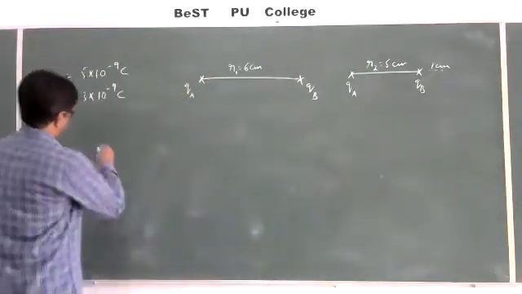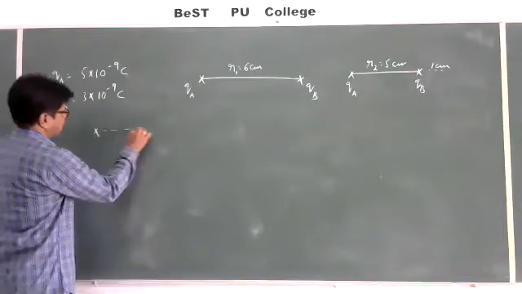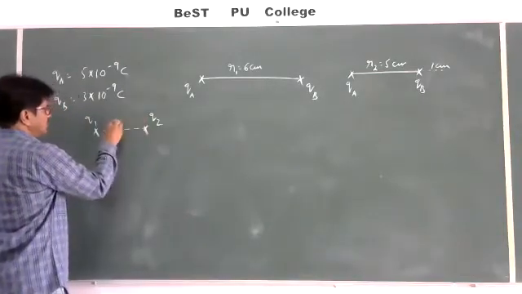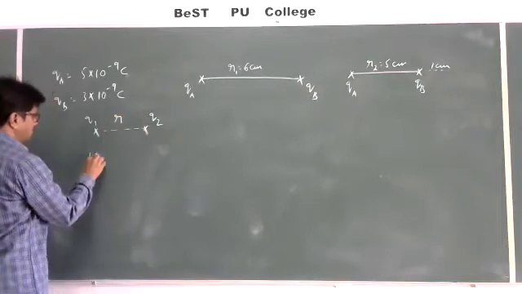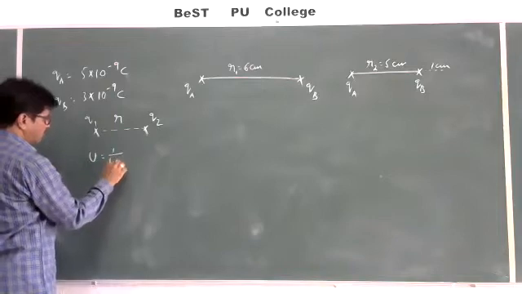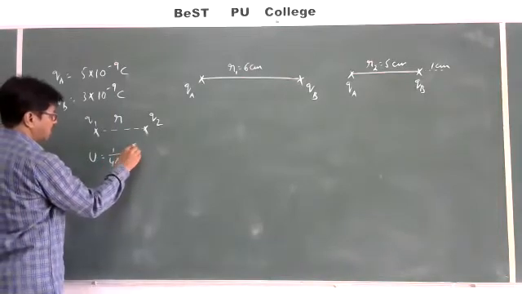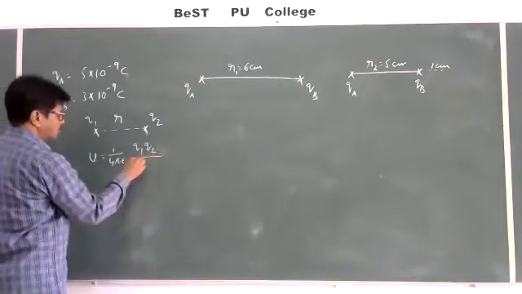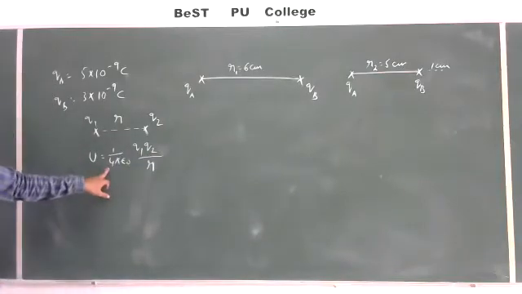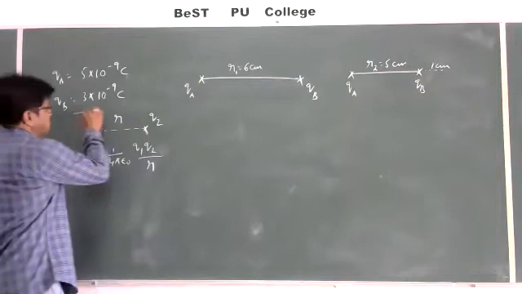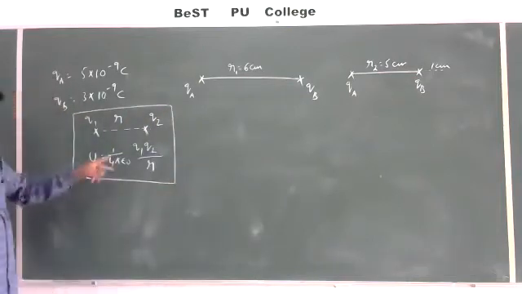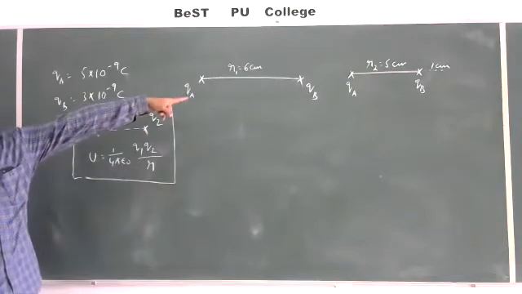Whenever two charges are separated by a certain distance, the potential energy between them, which we already derived, is 1 by 4 pi epsilon naught Q1 Q2 by R. This is the general formula. The same formula we are going to adopt here.